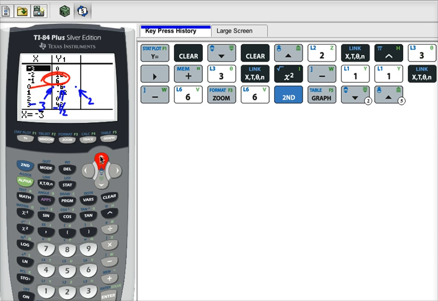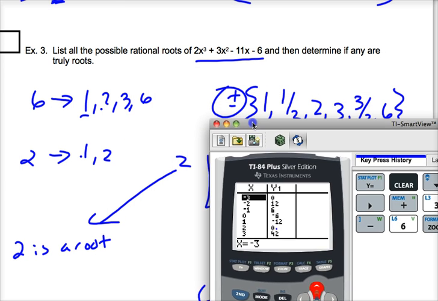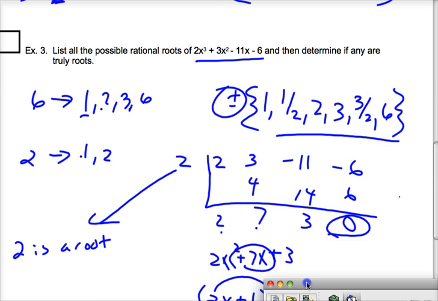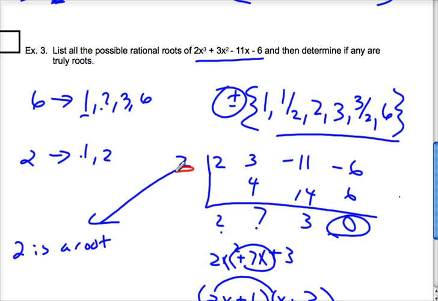You'd have to change your table set in order to show that the -1/2 is 0. But doing it synthetically or by factoring is what we're looking for anyway. So once you have one that works, once you say, hey, I see by the graph 2 works, put this 2 right here, do the synthetic, and then you can do the rest by factoring.